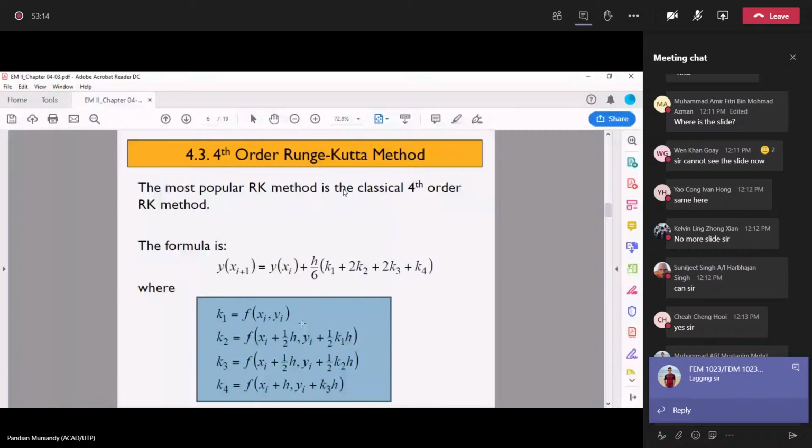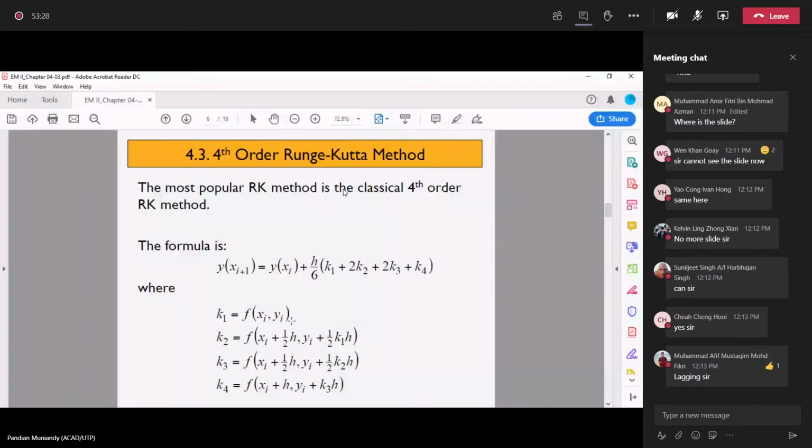But we know how to get the correct output. So the K1 is called f(xi, yi). This f(xi, yi) is the dy/dx, the first order. You must write dy/dx from the beginning of the problem. dy/dx is f(xi, yi), but this is just to calculate the dy/dx.